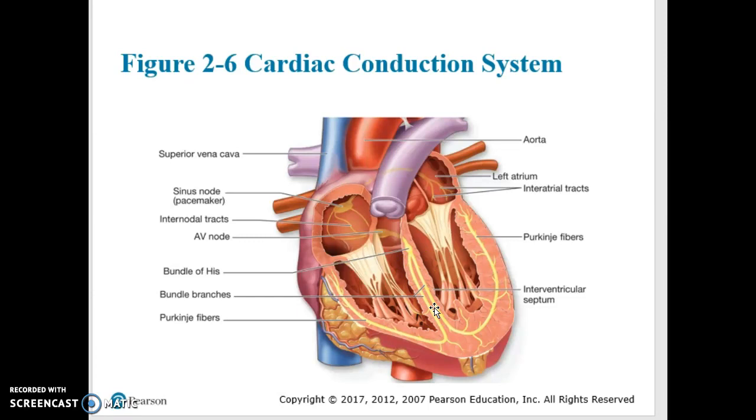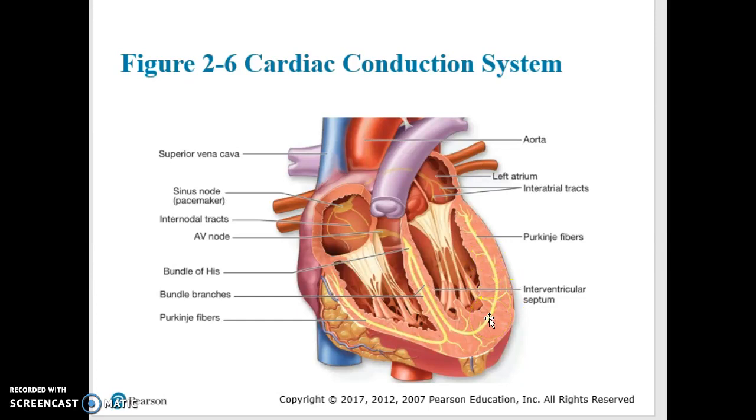So after the current travels down these bundle branches, the next step in the process is for it to propel through the Purkinje fibers. And if you look, the Purkinje fibers go around. This is the right side. It comes around and they branch off into the muscle. And if you look over here, the Purkinje fibers come around and they branch off into the muscle, okay?